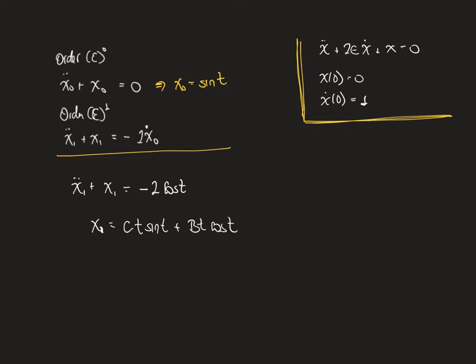Okay, so now we have to do the derivative of x1, so x1 dot and x1 dot dot based on this expression. So basically similar to what we did before.